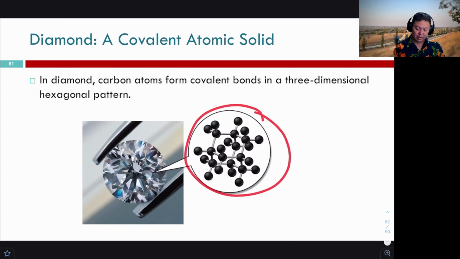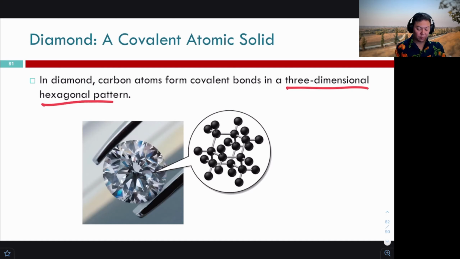So this is an example of just one piece of what would be this entire diamond's structure. And it forms a 3-dimensional hexagonal pattern, which is kind of hard to see here. So there's 1, 2, 3, 4, 5, 6 sides of one hexagon. And then if you can follow this, there's 1, 2, 3, 4, 5, 6 sides there too, sort of going up and down. So it's all these repeating hexagons. Very, very, very stable.